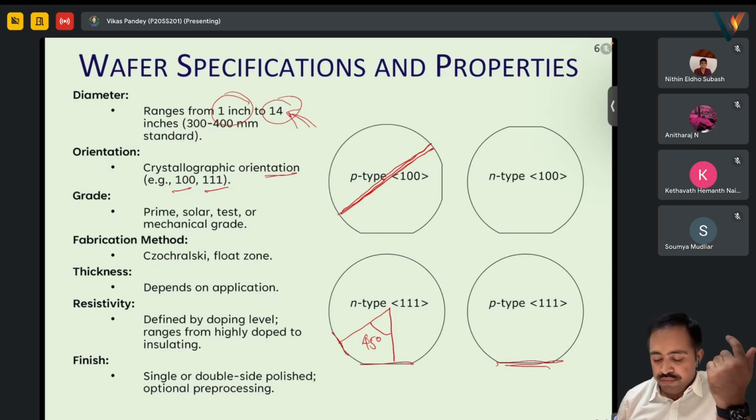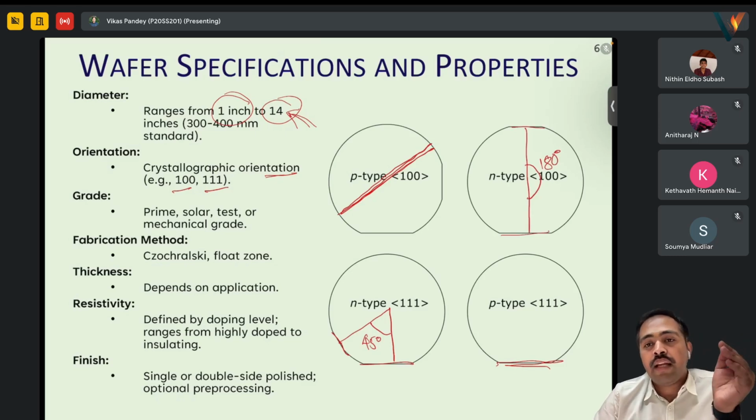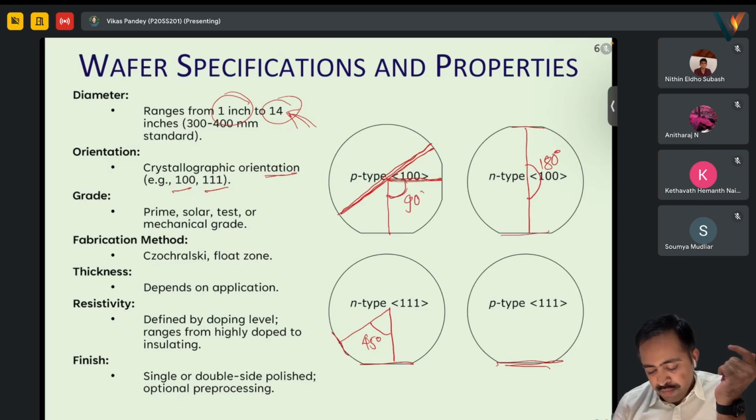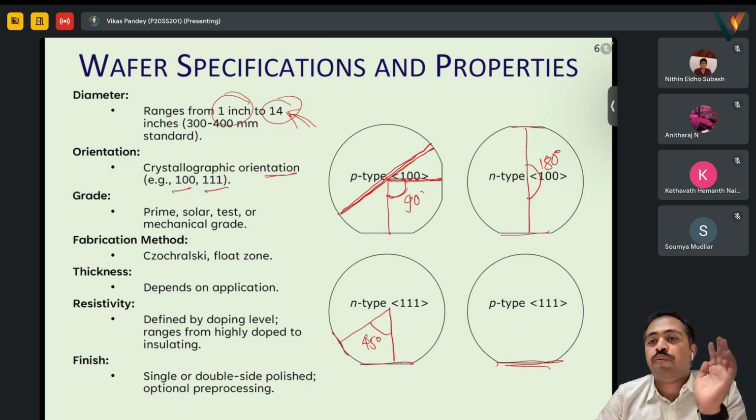If we have a primary cut and a secondary cut at 180 degrees, then it is n-type 100, having the 100 crystal plane on top. And if the angle between them is 90 degrees, then it is p-type 100. Fine till here? Any confusion?